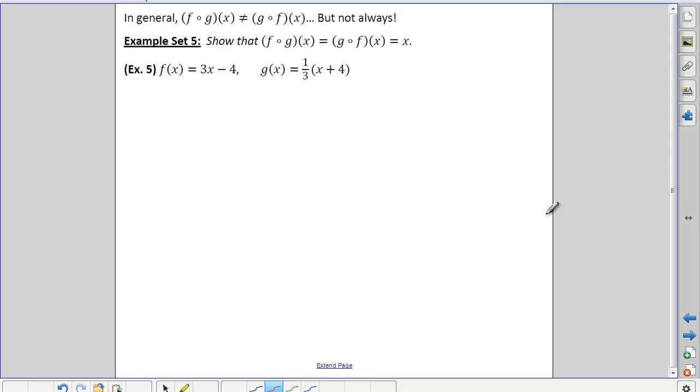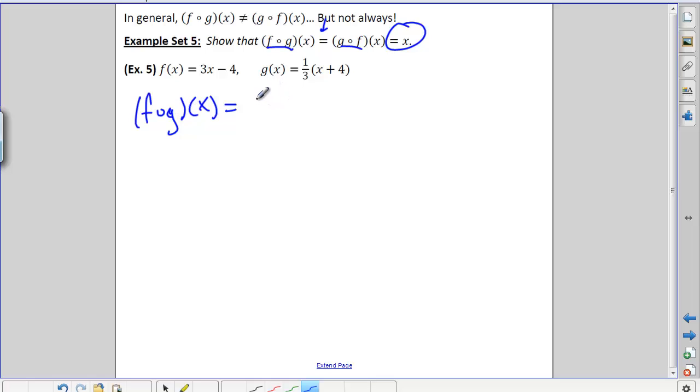So for this example, it says show that f of g and g of f are both the same. They're equal. And not only that, they both equal x. So when you switch around f of g, g of f, you get the same result. It turns out to just be x. So we want to show that. The way we show that is we just work it out.